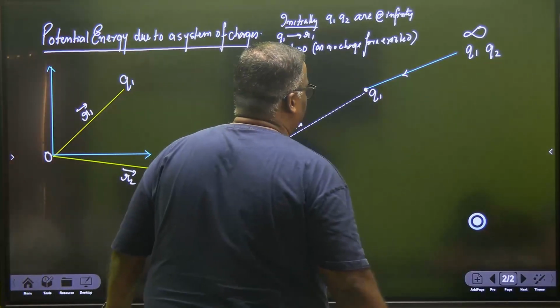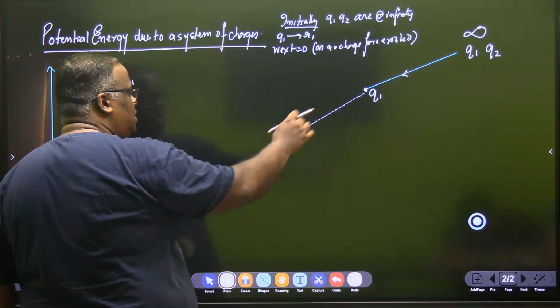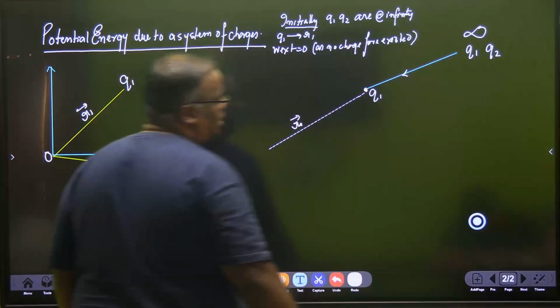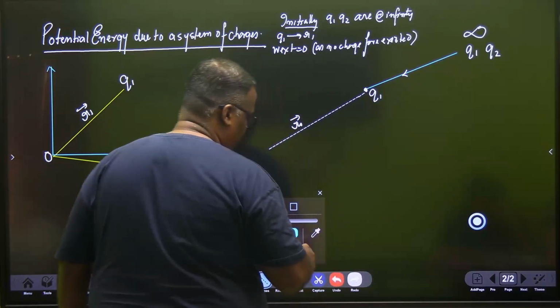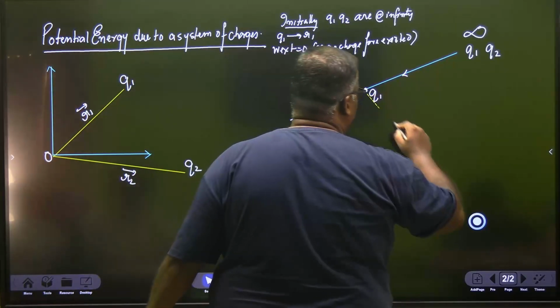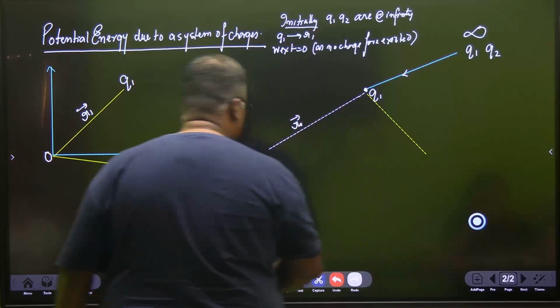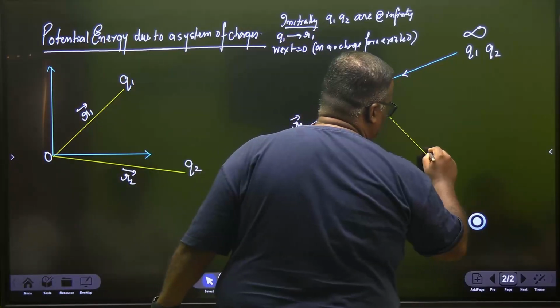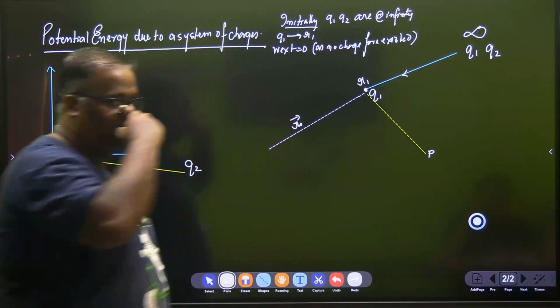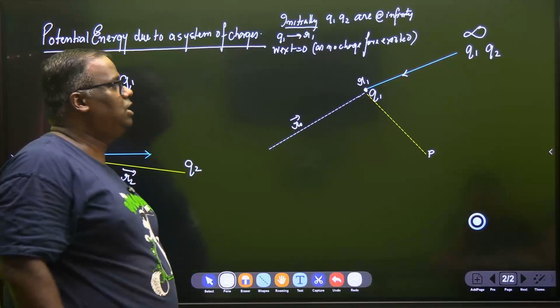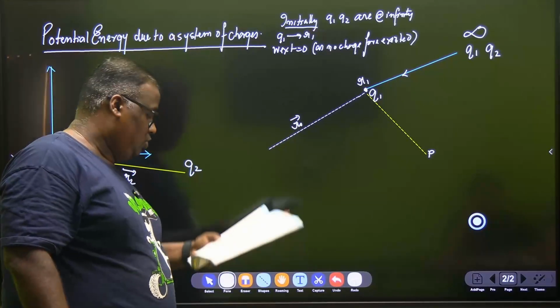Now since the charge has come here, consider one point, an arbitrary point. Let's say this is one point P, and this point is R1, position vector is R1. Okay, but consider one point P. So what happens?